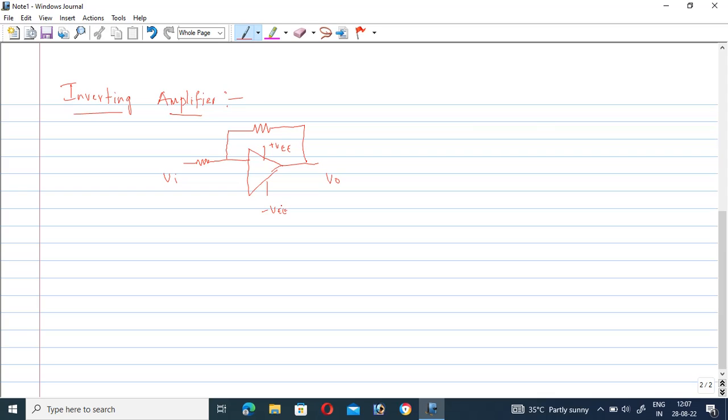This is the negative terminal, and this is the positive terminal. The positive terminal is grounded. This is the source resistance. This is the current entering, I1, and I will call this current I2. So this is the concept.